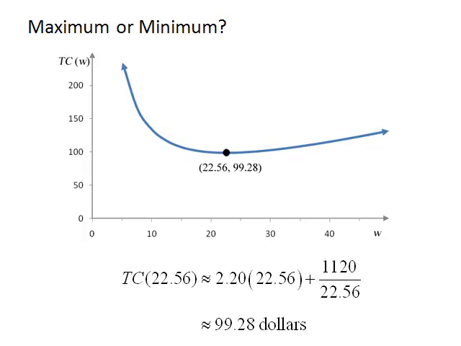The graph of the total cost function verifies that at a width of about 22.56 and a length of 400 divided by 22.56, these lead to a minimum cost of about $99.28. This matches what we saw in the table too. Not only does the table help us to write out the objective function, it also helps us to verify the correct solution makes sense. Let's try this approach on a more realistic application.